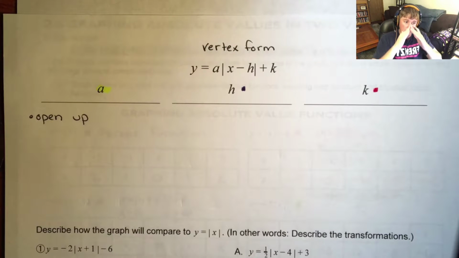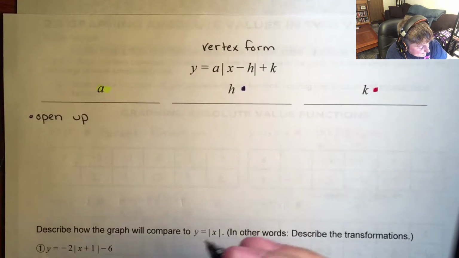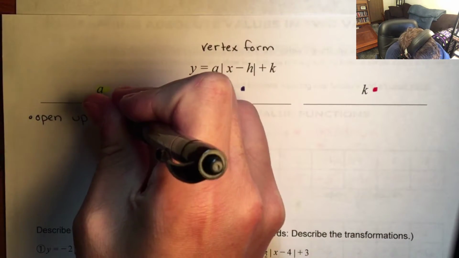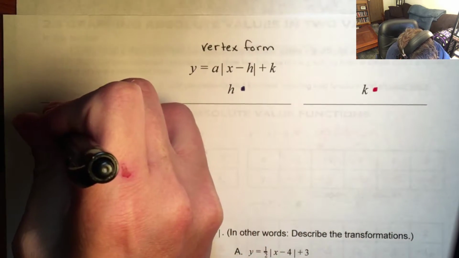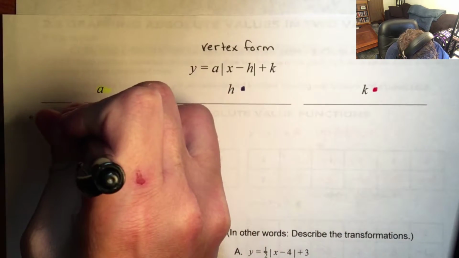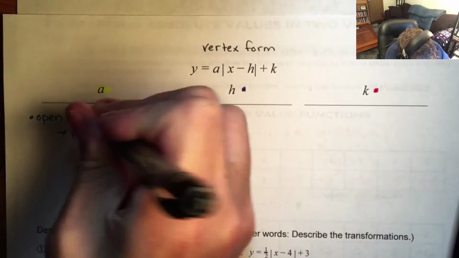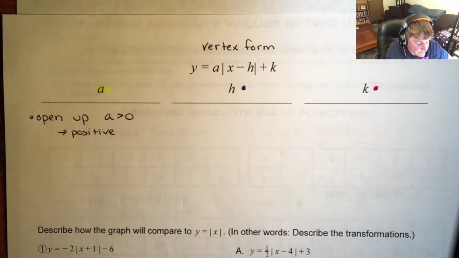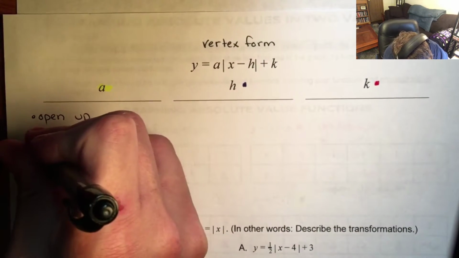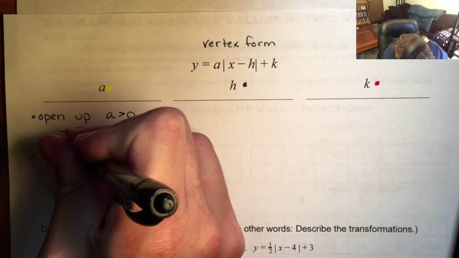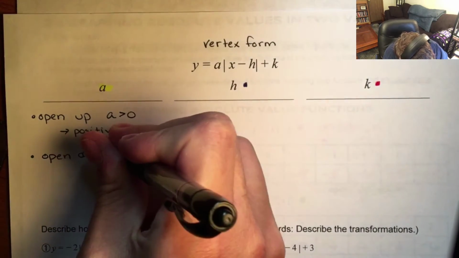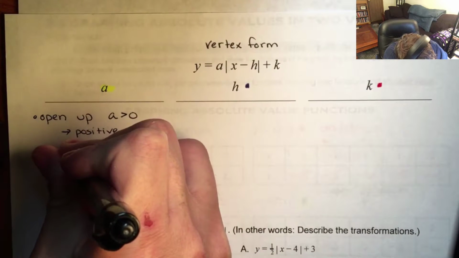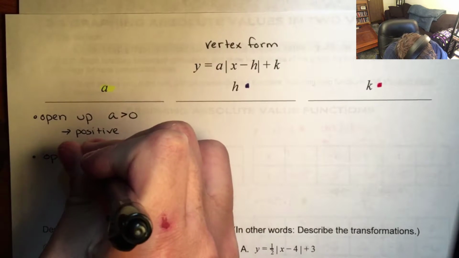It's going to open up when a is greater than 0, which means it's positive. When a is greater than 0, it's going to open up because the a value is positive. It is also going to open down when a is less than 0, meaning that the a value is negative.